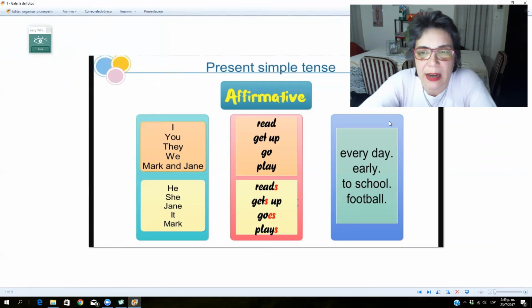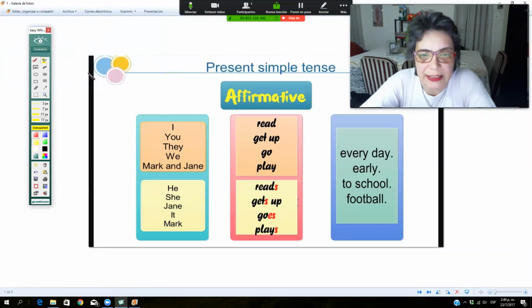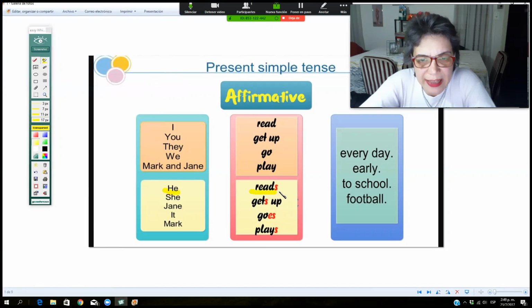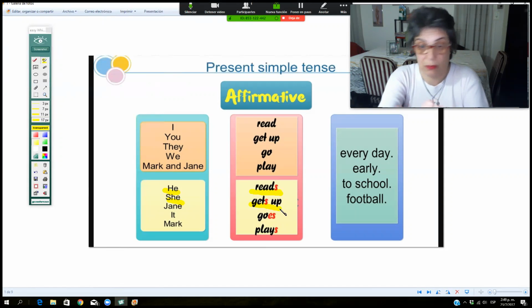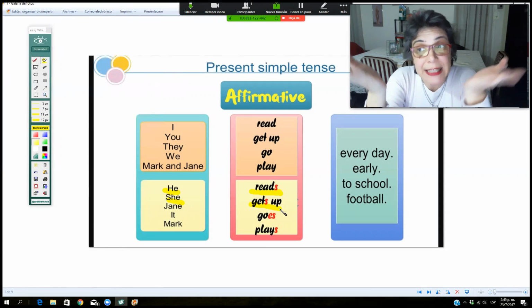So we are emphasizing this. We are saying he reads. We don't say he read, we say he reads. We say she reads or she gets up. So the ordinary verb is read, read a letter, read a book, get up, that is the verb.